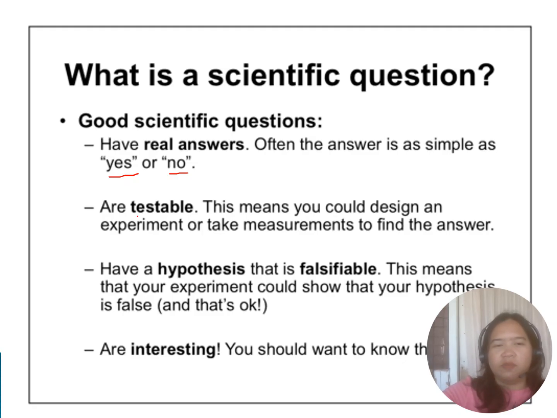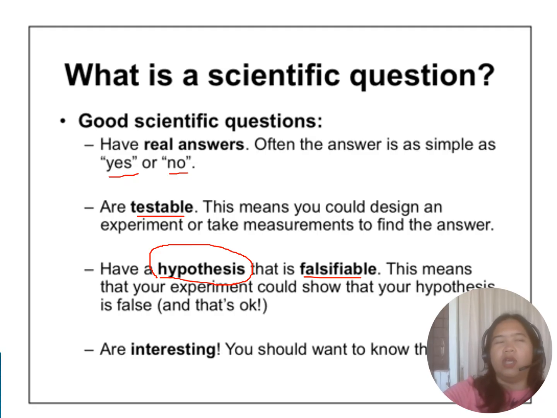A good question is testable, meaning you can conduct an experiment from that question in order to find the answer. It has a hypothesis, meaning you could create a tentative answer to your question that can be false, that can be unsuccessful.